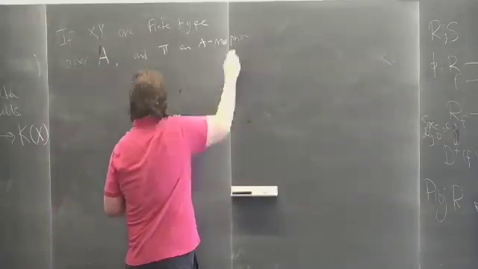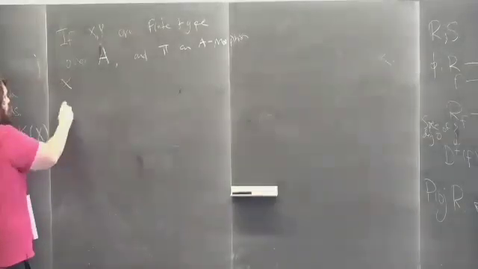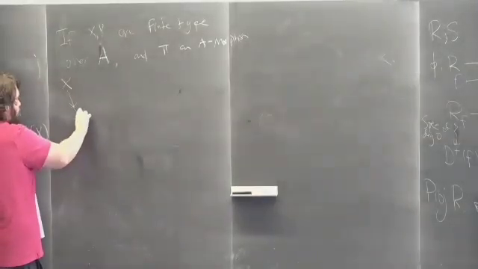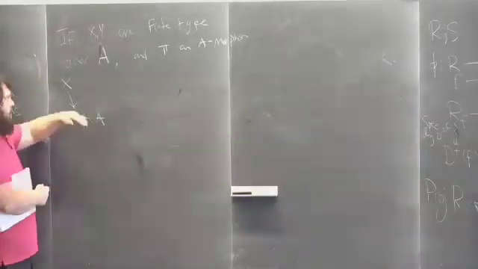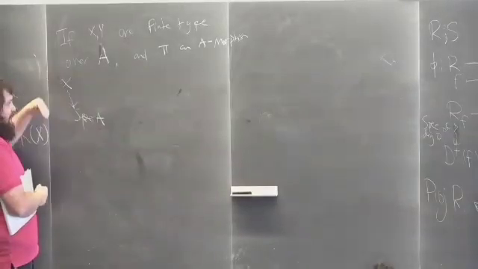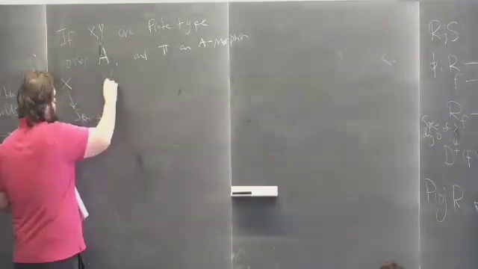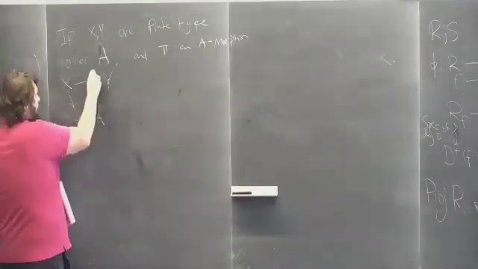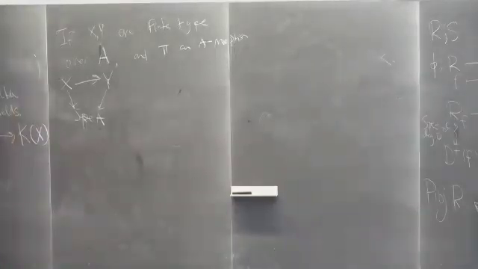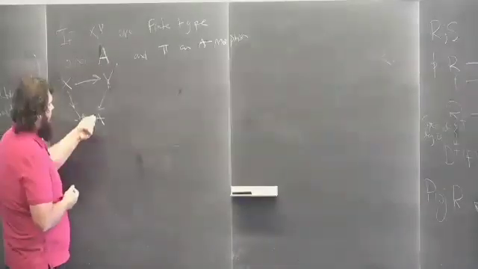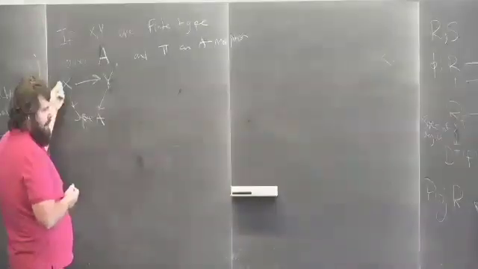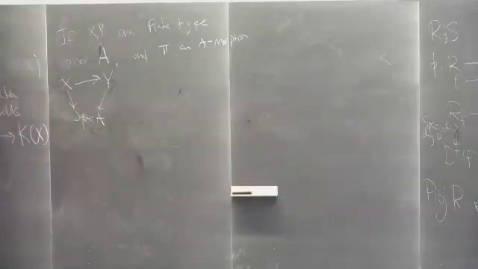I'll just remind you, being finite type over A means I have a structure map to Spec A. A pullback of functions on Spec A gives me a map of A into the sections on the open set. I also have that for Y, and I'm asking that I have a map between X and Y where this diagram commutes, which just says that when I pull back functions, it sends the functions that come from A here to the functions that come from A here. So the pullback map is a map of A-algebras.